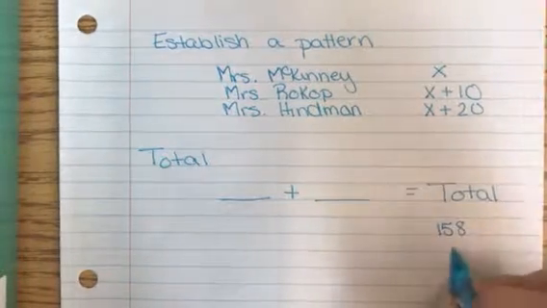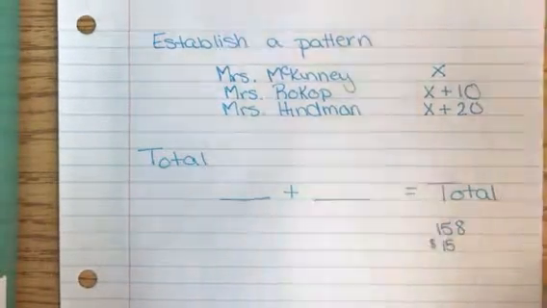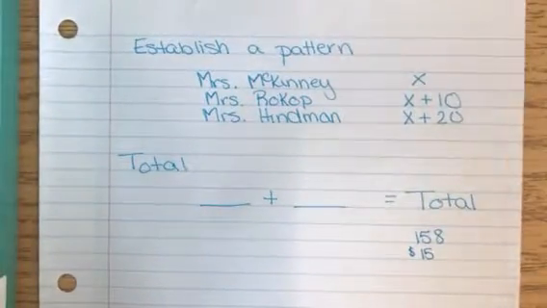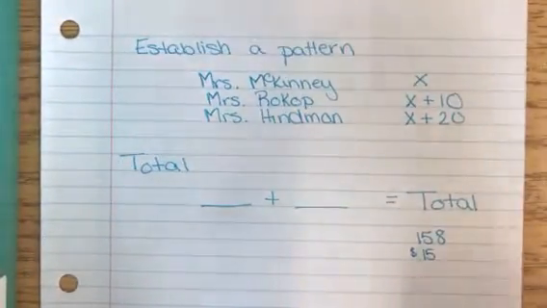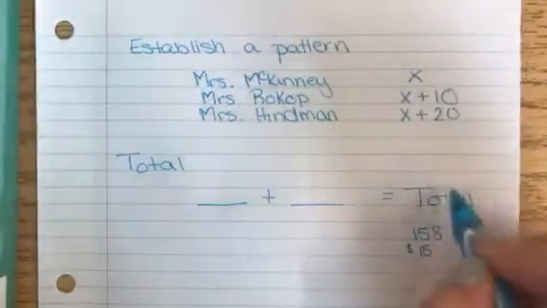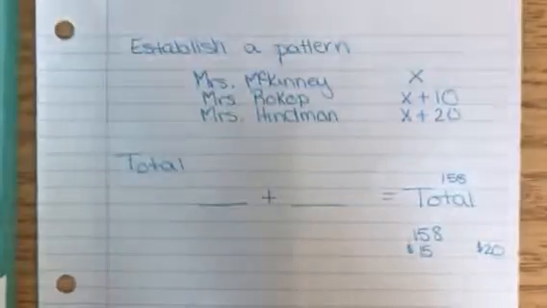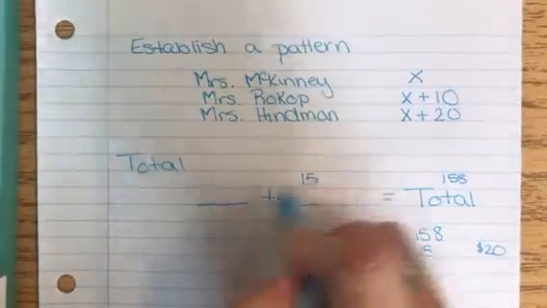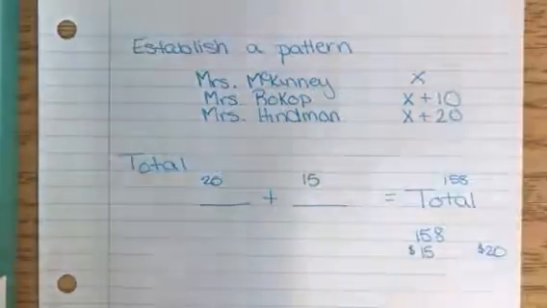It was $15 per shirt, but I also had to pay, this is going to be ridiculous, $20 to take the bus to get there. My total of $158 would go in the total position. My 15 and my 20 are what's being added up.